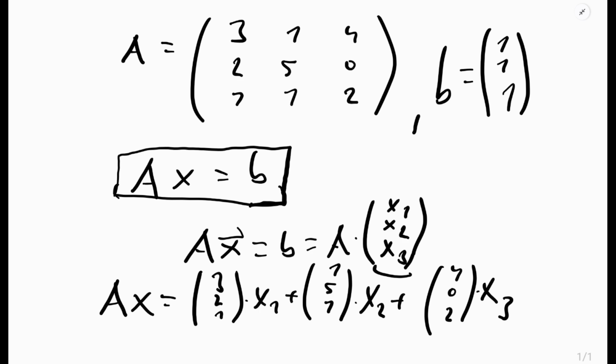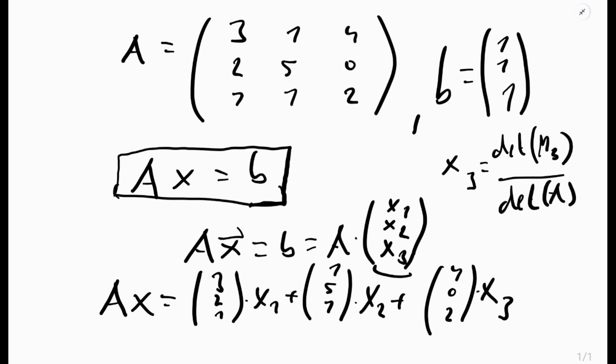So the question is how this plays out. How can we quickly calculate it without doing row operations? There's something called Cramer's rule. What it says is, we want to only get the third entry. It's going to be equal, so x3 here, exactly as we wrote here, will be equal to the determinant of a matrix that I will denote M sub 3 over the determinant of the whole A. So we will, in any case, have to get the determinant of this matrix.